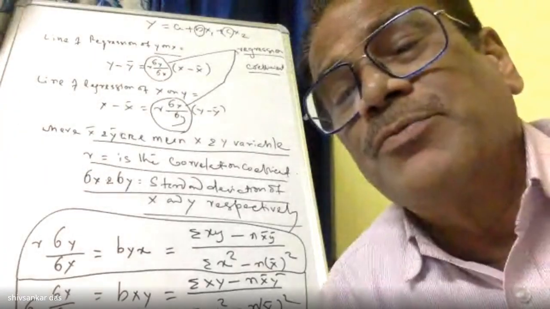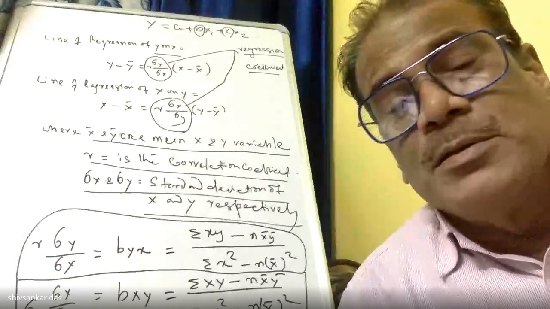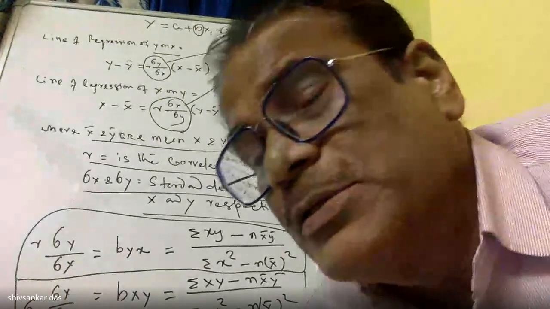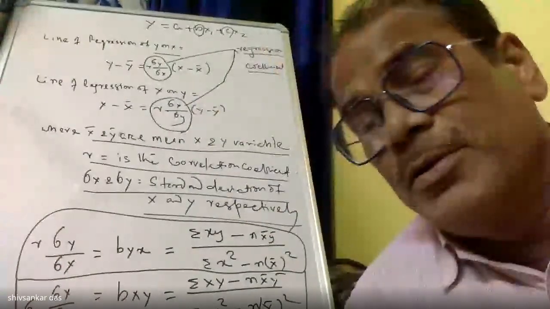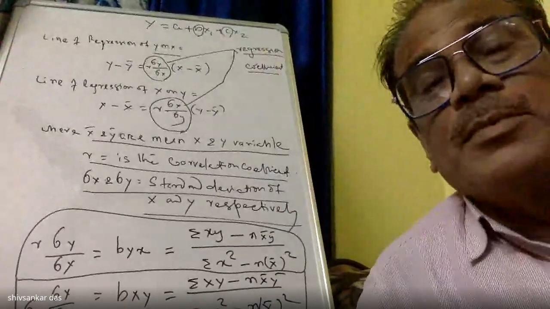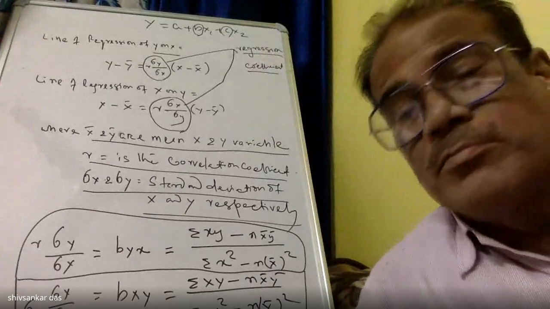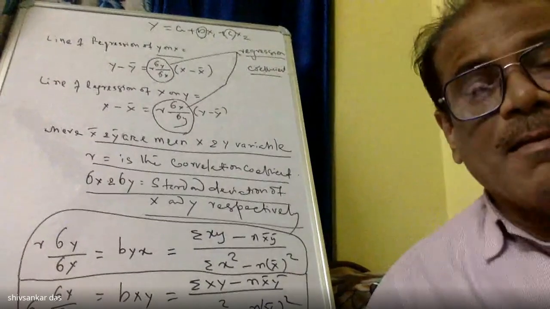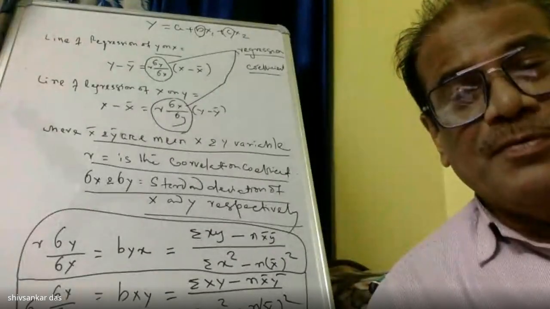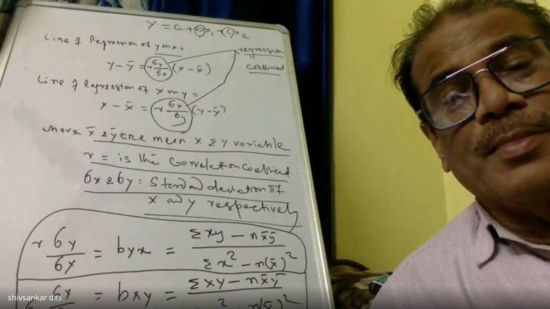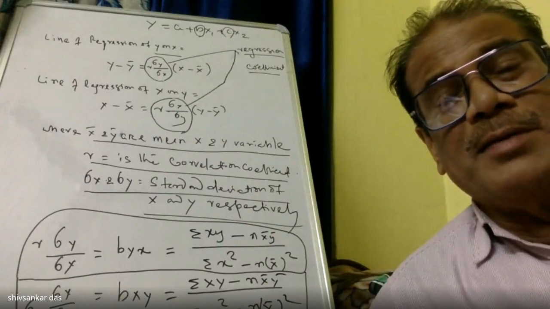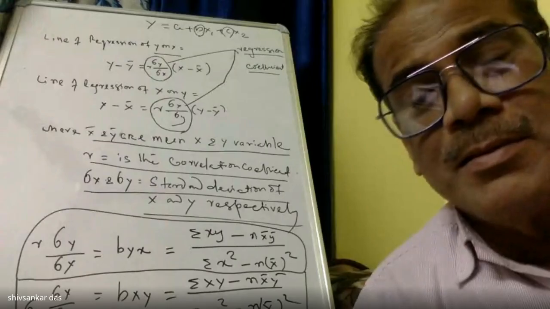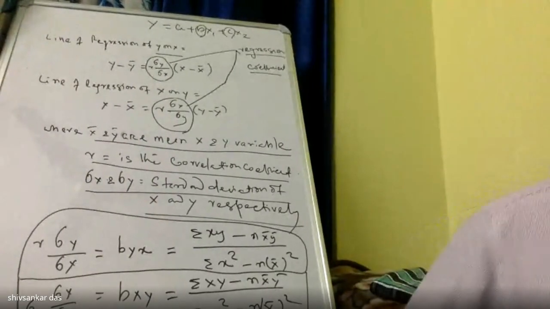One by one joins with this. Okay, now it is 24. Probably everybody can see the board, whiteboard. Am I correct? Yes, sir.